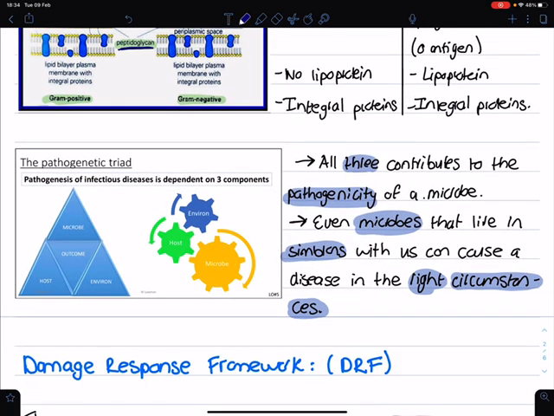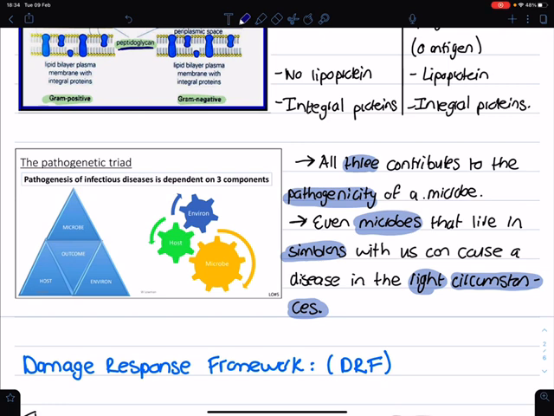Okay, then if you look at the pathogenic triad, it's composed of three things. It's the microbe that will cause or might cause a disease, then the host, and the environment. All three of these can contribute to the pathogenicity of a microbe. If the host has good defenses, so it's good in genetics mostly, then microbes such as TB maybe won't cause a disease because of the host.